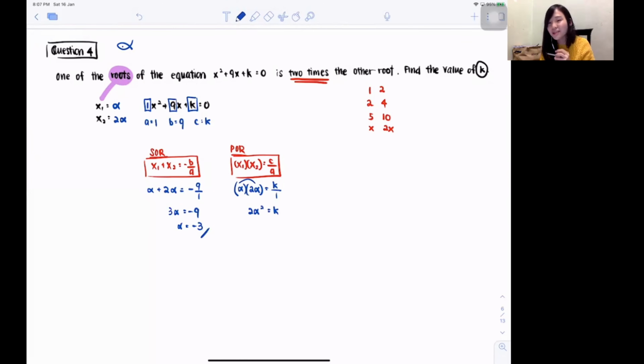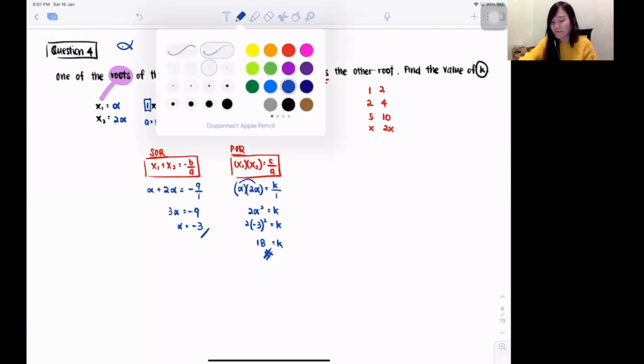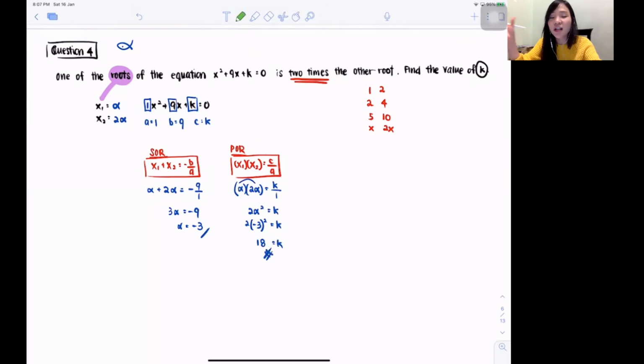Can I make it disappear? Yes, because from SOR, I already found that alpha is negative 3. So I can straight away substitute negative 3 inside. Time to press the calculator. K answer: 18. Done. Can? Because I don't want my video too long, that's the reason I only do one type of this.